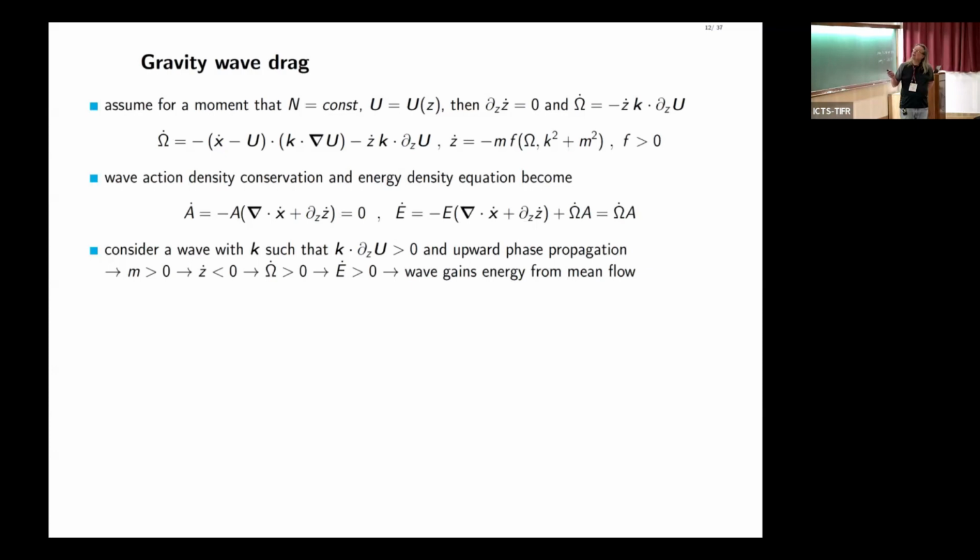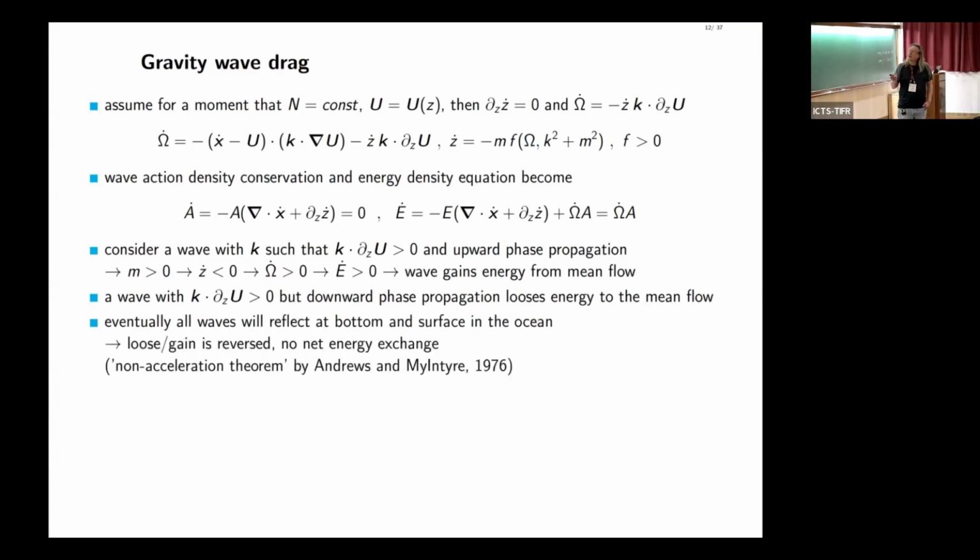Then you check this relation here, then because the scalar product is positive, z dot is negative with a minus sign, we have positive omega dot. And then you finally check your E dot equation. E is positive. So that means E dot is positive. That means that the waves gain energy from the mean flow. And then you start the other way around with negative m or downward phase propagation, and all the relations turn around, and you have energy lost by the waves, right?